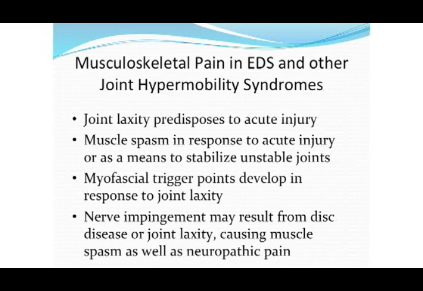And myofascial trigger points also develop in response at the myofascial junction where the muscles join up with the tendons. We also see nerve impingement, which may result either from disc disease or from joint laxity, and this can cause both muscle spasm and neuropathic pain.